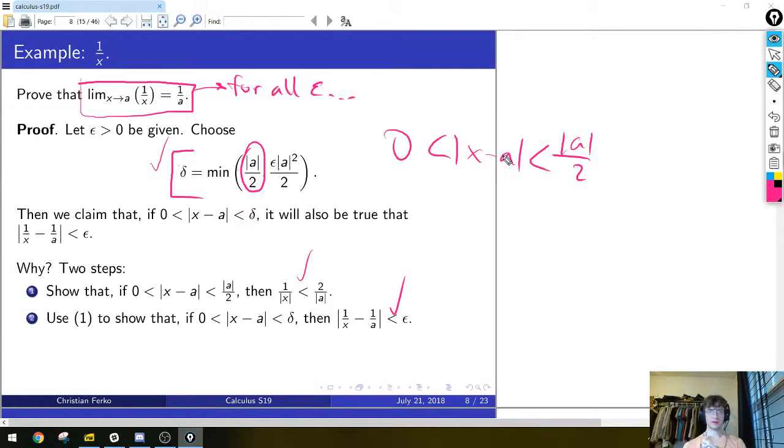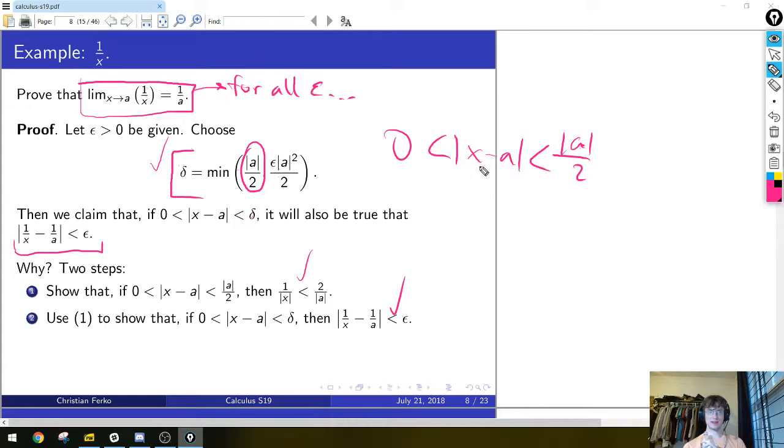You're saying, delta has to be at most this thing. You did that, and then you use that to show that if you make this assumption, x will never be 0, which is nice, because you won't divide by 0. But then you never got to the last step where you say, if you hand me an epsilon, I can make this difference, 1 over x minus 1 over a, less than epsilon.